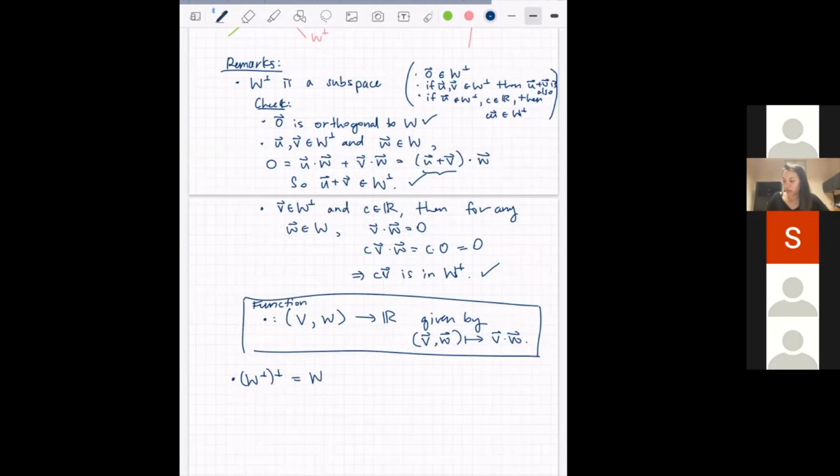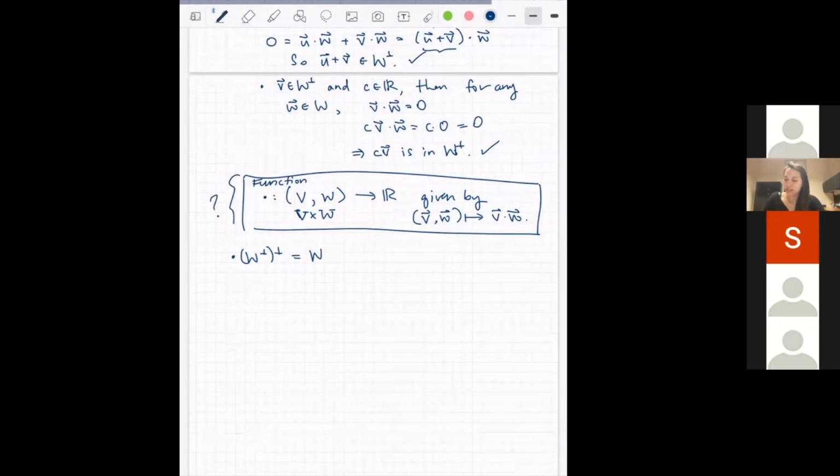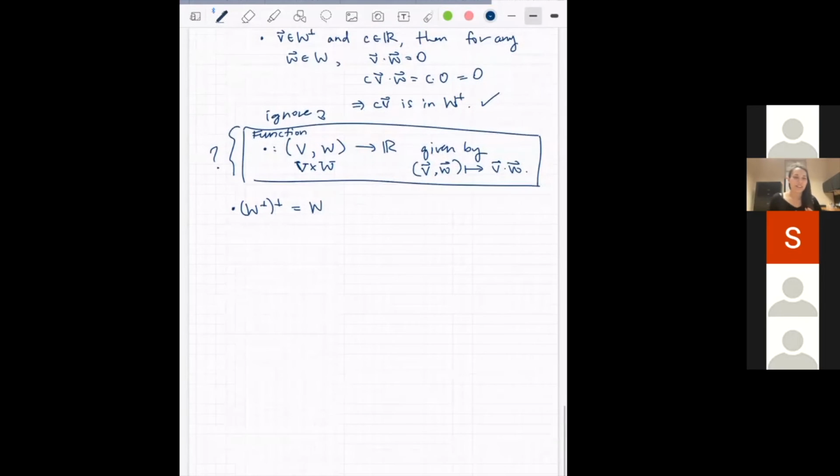And then the kernel of that would be V cross W. So anyways, we don't need to get into this. I'd have to sort this out, just ignore this. We don't need to do this because we just showed directly that it's a subspace. No worries.